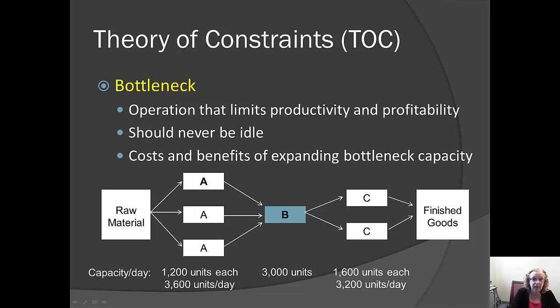This is the department that is limiting the firm's ability to be more productive and more profitable. Therefore, the firm should consider ways to expand the productive capacity of Department B, assuming that they would have more customers to sell to if they were able to expand their productivity.